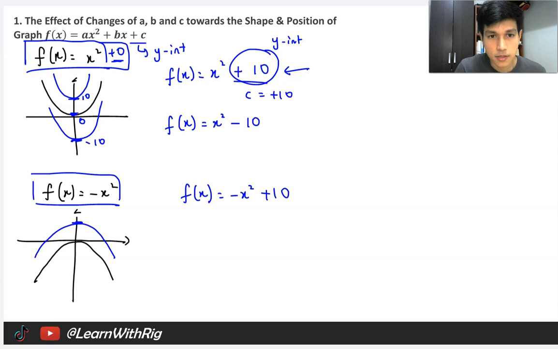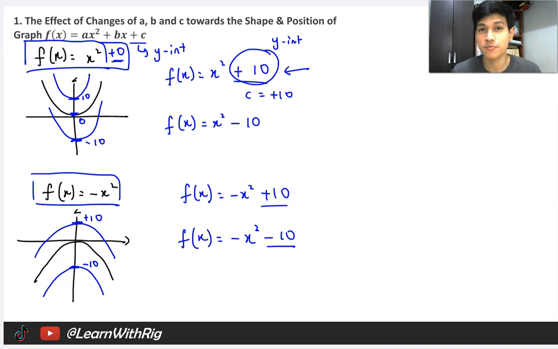So this here is positive 10 because your y-intercept now is positive 10. Okay, what if it's a negative c value? So negative 10. That means you're moving the graph downward. So it's going to look like this. So that is all you have to know about the differences between a, b and c and how they affect a quadratic function.